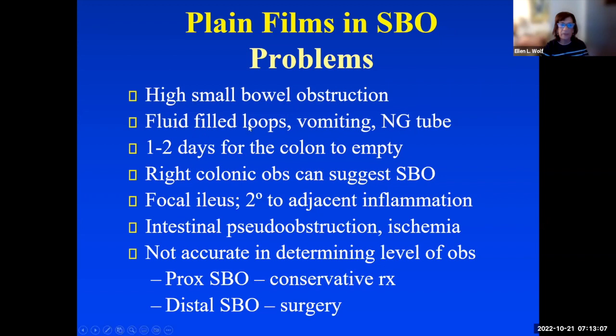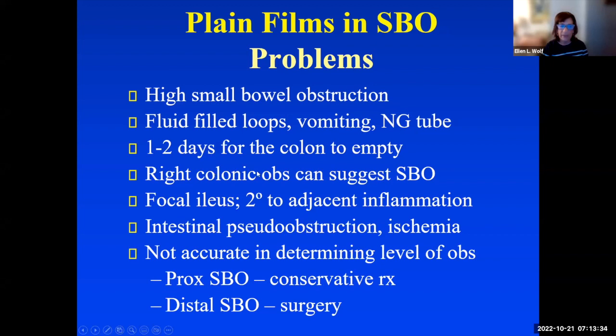If the loops are all fluid-filled, if there's been vomiting and the bowel has been devoid of fluid from vomiting, or an NG tube has been placed on suction, we're not going to see necessarily all these dilated loops. It takes generally a day or two for the colon to empty, and even more. So we do not have to have no bowel gas or a paucity of bowel gas, even in some cases, because the colon takes a while to empty.